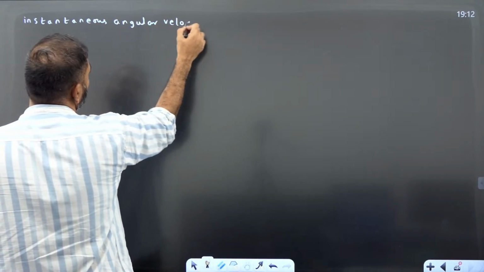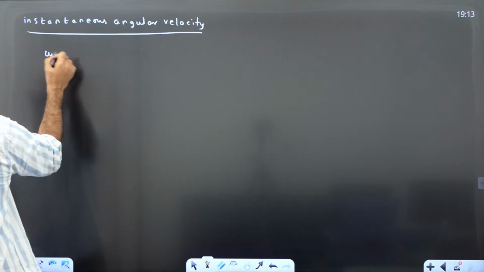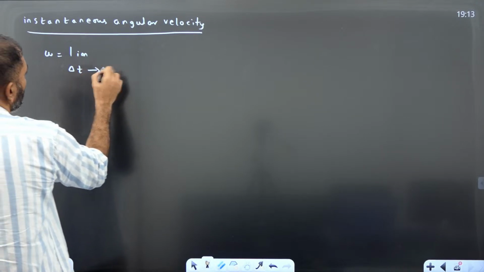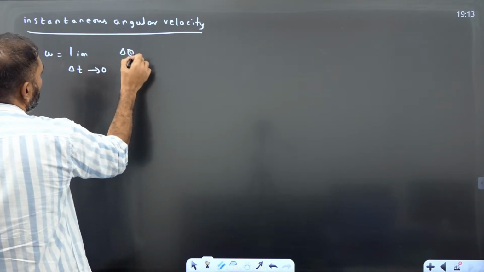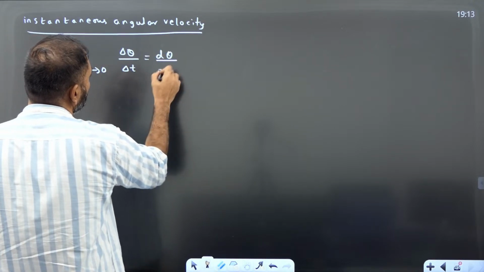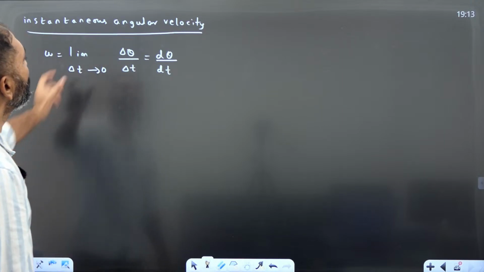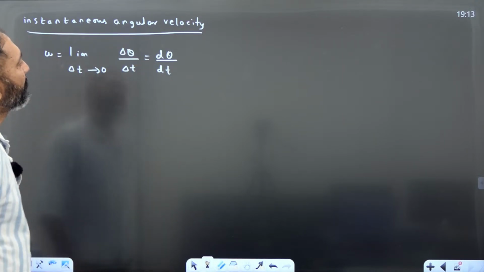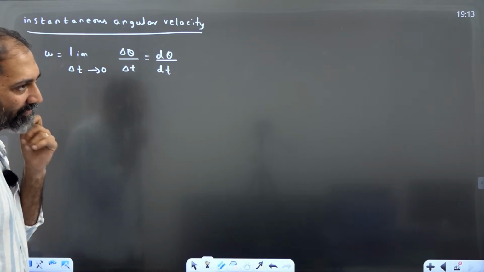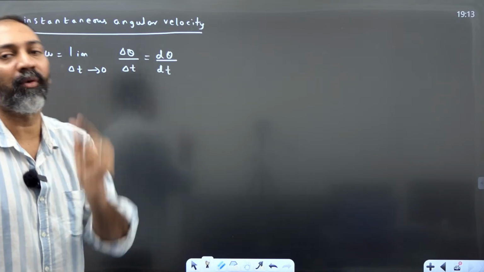Omega equals limit delta t tends to 0 of delta theta by delta t, that is equal to d theta by dt. This is the definition of instantaneous angular velocity. It is the angular velocity when the change in angular displacement with respect to change in time is taken over a very small time interval.